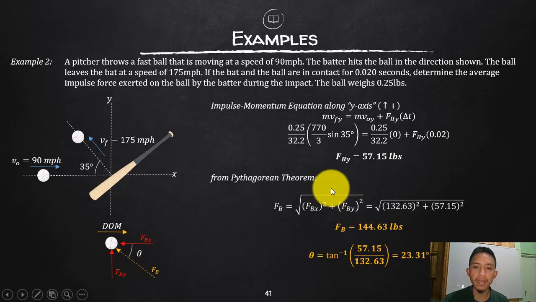So, by the Pythagorean theorem, if you relate this as a right triangle, f sub bx and f sub by are the legs of your right triangle, and getting that f sub b is by the Pythagorean theorem. That is again from your statics. So f sub bx squared plus f sub by squared, get the square root, that is your f sub b, or your resultant, which is 144.63 pounds.